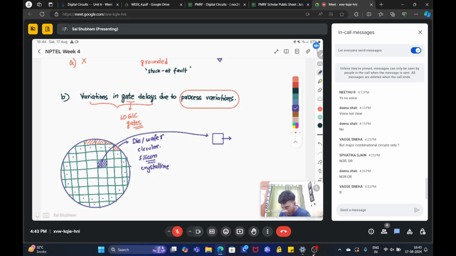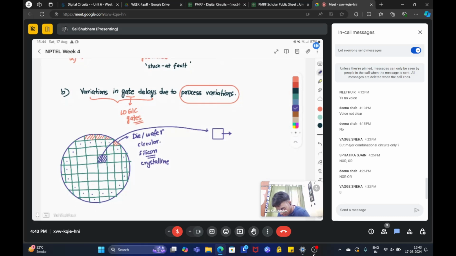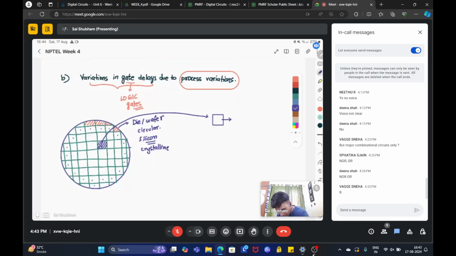From the wafer we actually extract many chips. This chip is about 1.5 mm cross 1.5 mm.